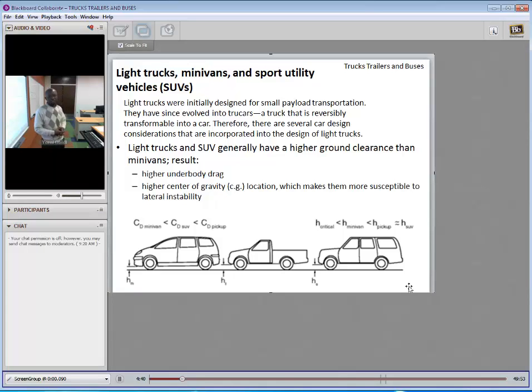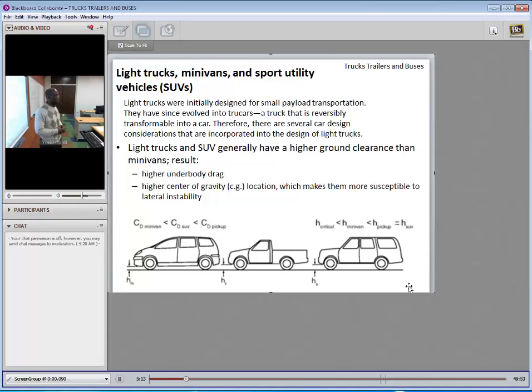Essentially a utility vehicle that just moves little things, maybe a small-scale farmer, or trade skills people moving their equipment, the one-man business operations hauling the tools that they use in their trade. That was the concept behind the creation of light trucks.